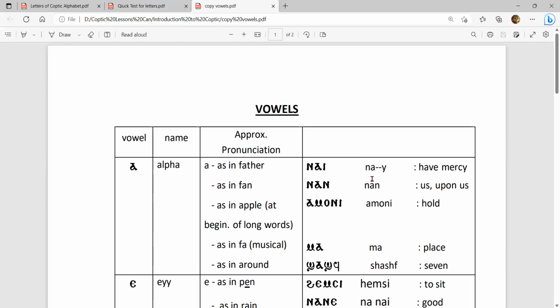In the English pronunciation on the right here, I have separated the Y from the A. I have put two dashes in between to make a separation, because if I had put the Y next to the A, probably you would be reading it as nay in English. So I have put it as na-y. The meaning of this word is have mercy.